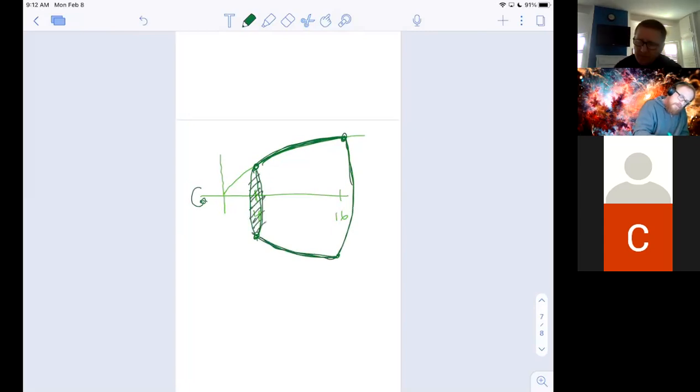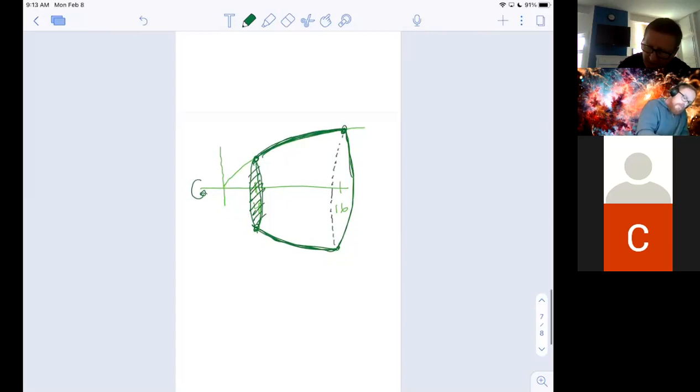Do you see the shape that we're talking about now? It's kind of like a cone, sort of, in quotes.